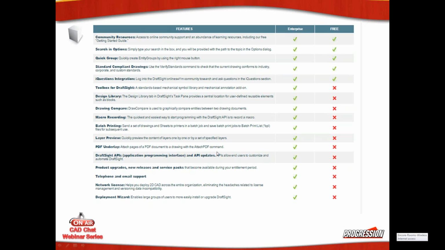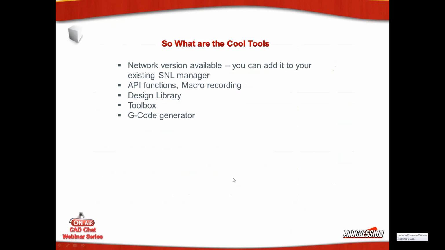So it's a little different setup. Enterprise version, you'll basically deal straight with us, whereas the professional version, you're dealing with Dassault Systems. But really good product, a lot of really cool tools, and that's where we'll look at next.